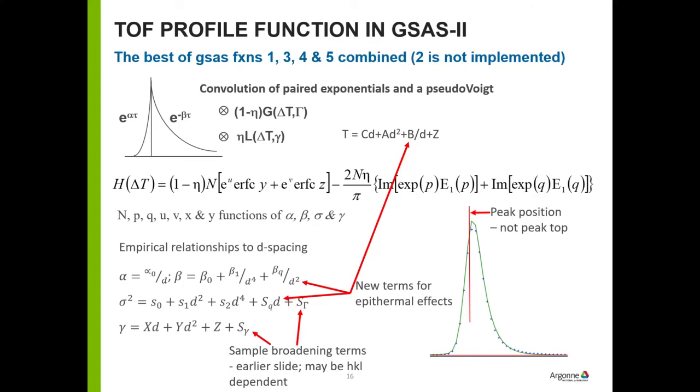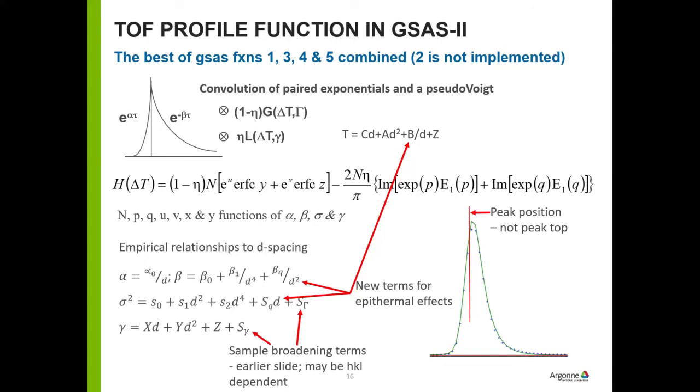which involves something called the error function. And then this thing over here is the exponential integral. That's what that one is. This guy is from the Gaussian component, and this guy is from the Lorentzian component. And so the peak shape function is this really messy expression.